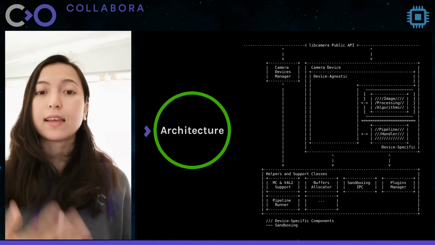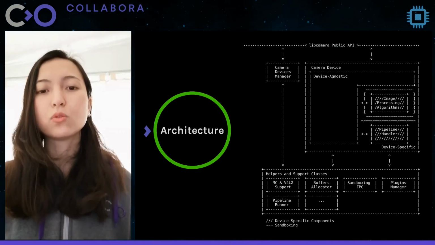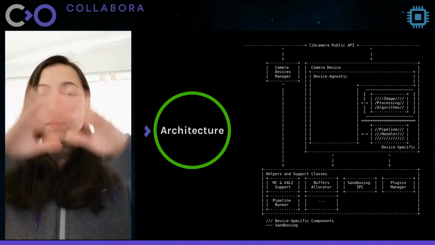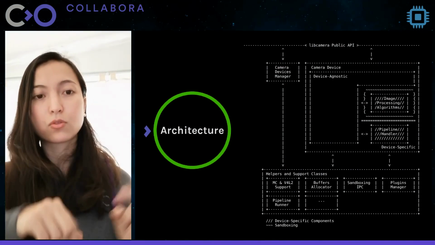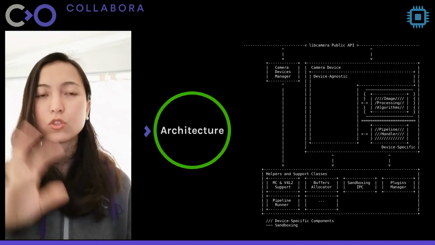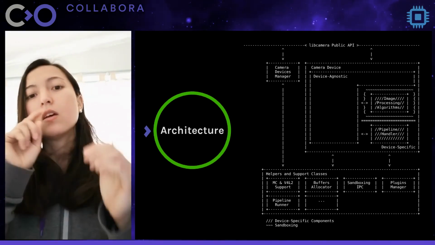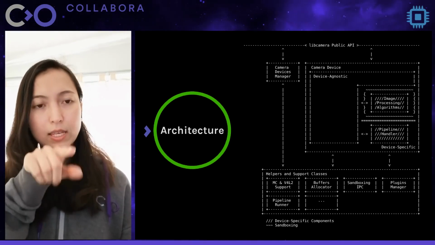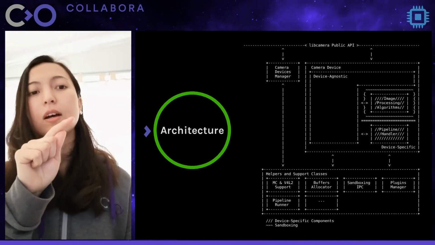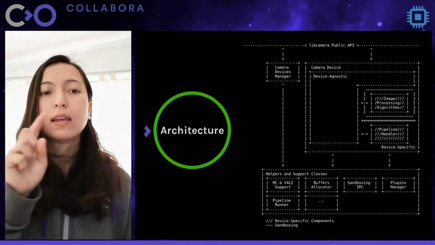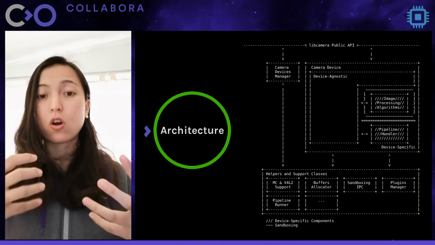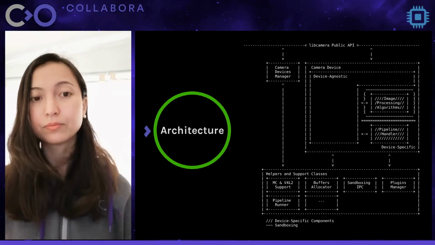Here is the architecture of libcamera that you can see in the libcamera docs. I'm not going to go through all those blocks, I just want to mention some specific parts. So down there we can see the MC and video frontend support block, MC for media controller. This is the part responsible for talking with the kernel.